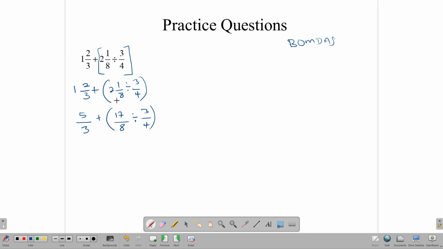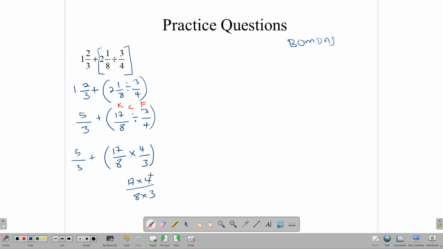All right, so let's work out the bracket. Remember, when we're dividing, we keep, we change, and we flip. So in our bracket we are going to have 17/8 times 4/3, which gives us 17 times 4 over 8 times 3. We can do some division here.